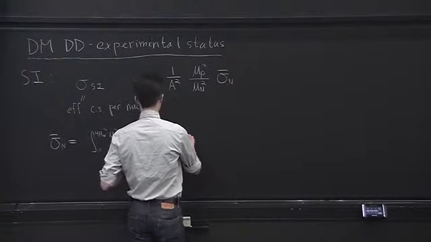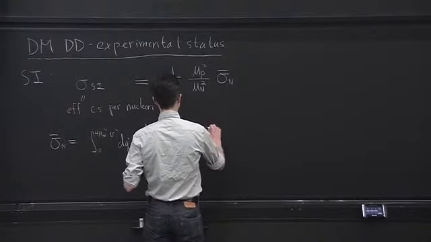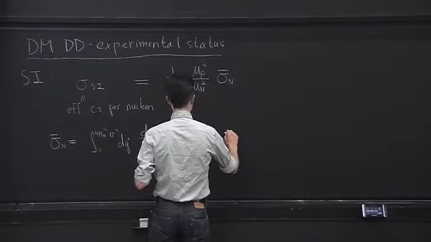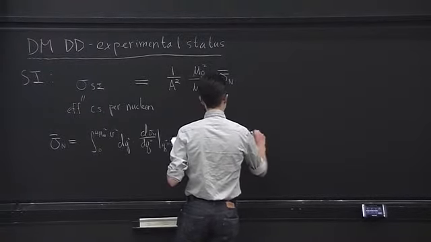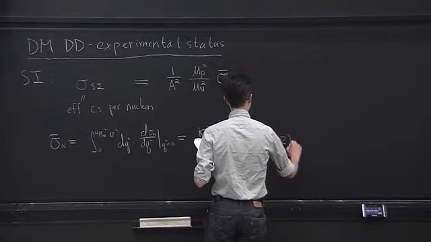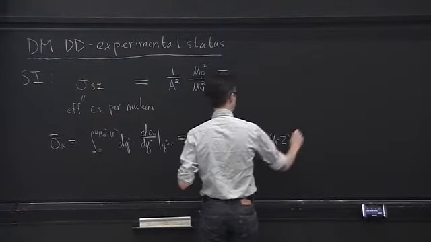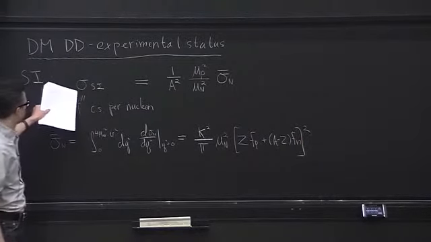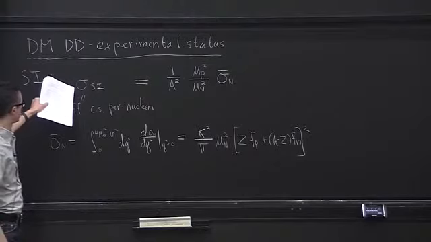But this result for spin independent was just kappa squared over pi mu n squared, Z f_p plus (A minus Z) f_n, all squared. So the point of this effective per nucleon cross-section is that we divide off by A squared.